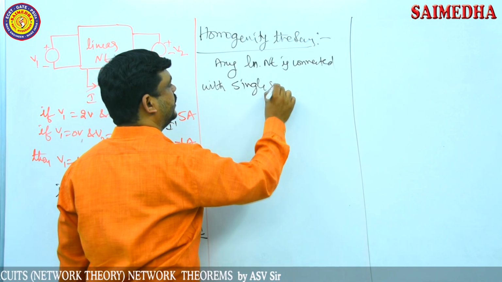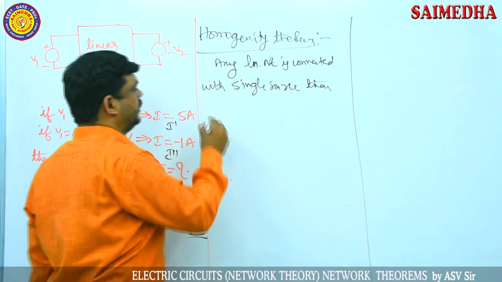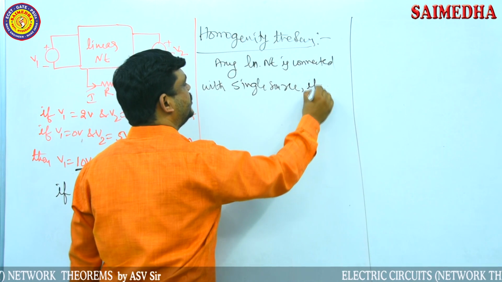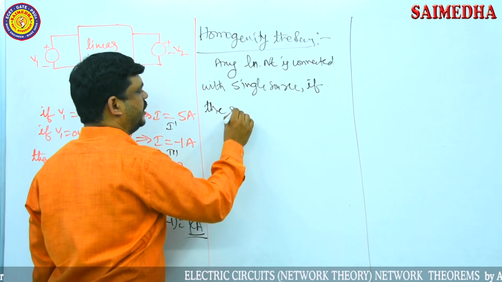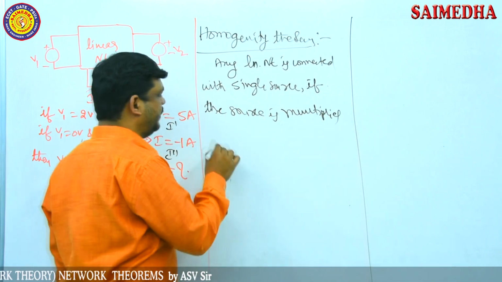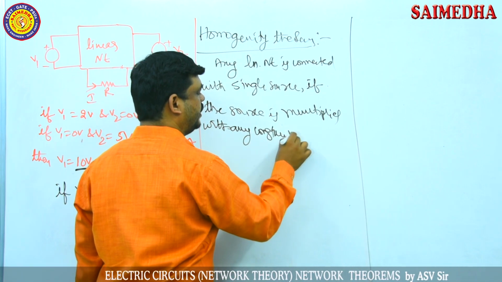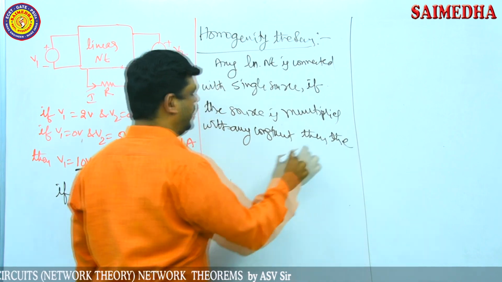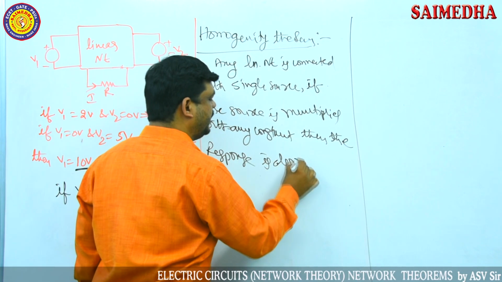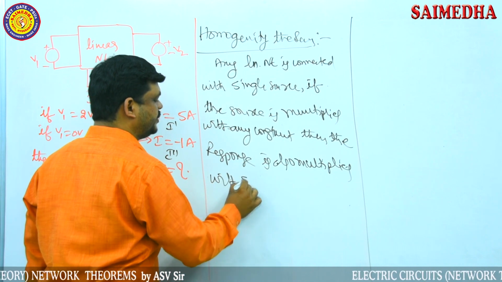Any linear network connected with a single source, if the source is multiplied with any constant, then the response is also multiplied with the same constant.